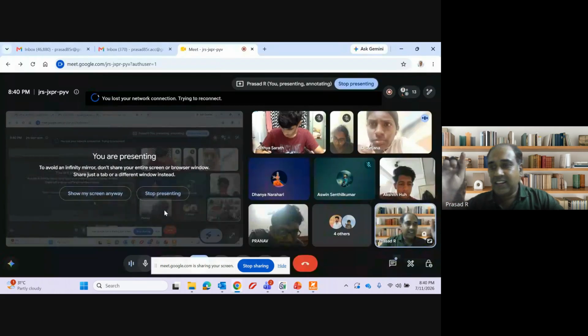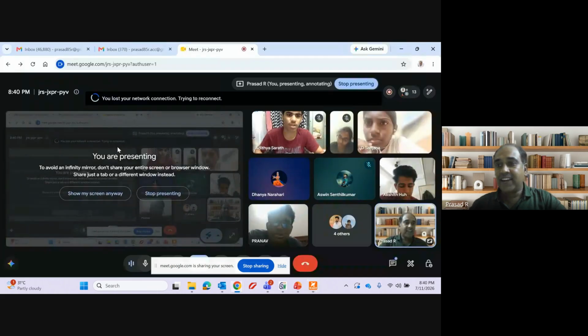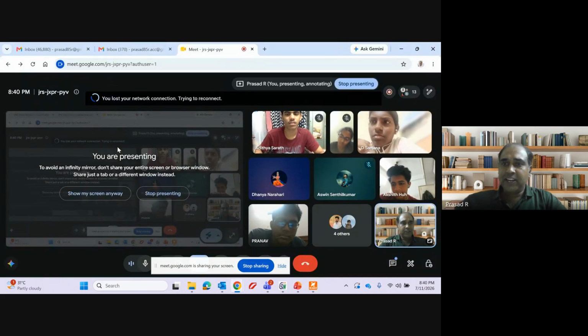Current asset is something which can be converted to cash within 1 year. Short-term loan is a liability. First of all, it is not an asset itself. Bank overdraft is a liability. It is not an asset. Prepaid salary. I paid employees' salary in advance. It is pertaining to the next year.